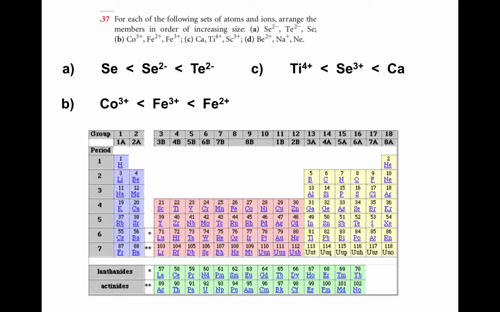So calcium would be the biggest, titanium 4 plus would be the smallest. Beryllium 2 plus and sodium plus. Sodium plus would be a neon configuration. It'd be smaller than neon, and beryllium 2 plus would be a helium electron configuration, a helium core. So that'd be smaller than both of those.